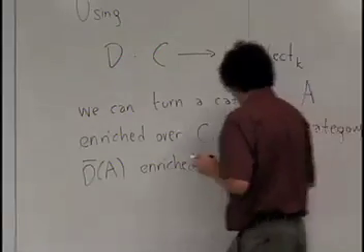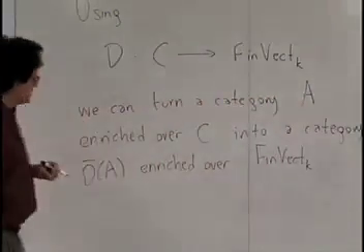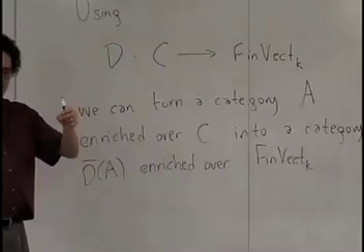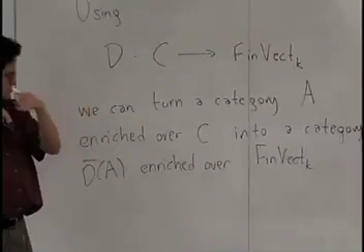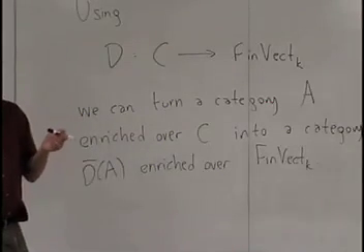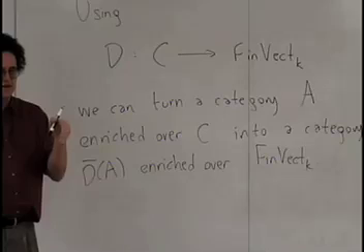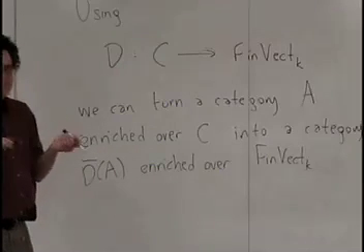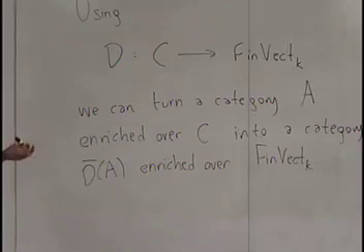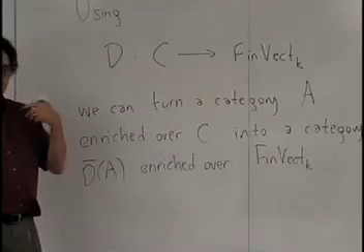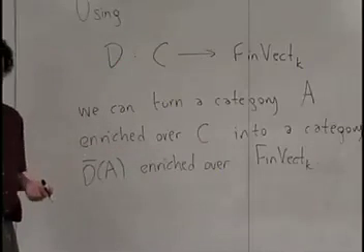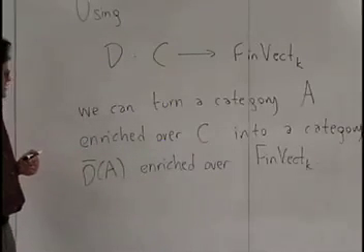So the idea of this piggybacking, remember, is that a lot of times, instead of the category just having a set of morphisms from some object to another, it has something a little bit more interesting, like a vector space of morphisms from one to the other. Or even a groupoid of morphisms from one to the other. And when you're in that type of situation, you say, we don't just have a mere category, we have an enriched category, a category that's enriched over vector spaces or groupoids or whatever.